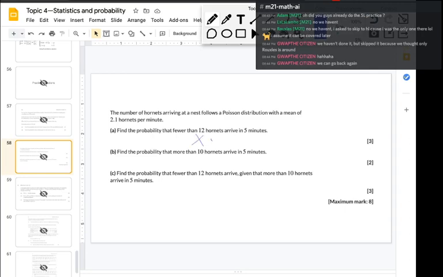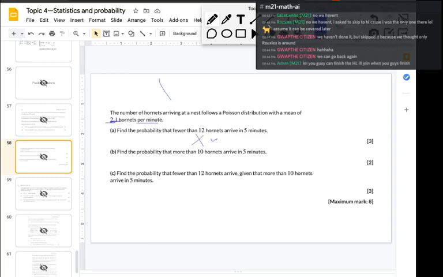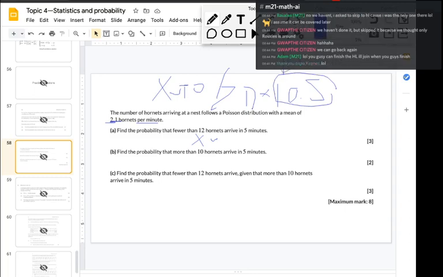Since this is per minute, this is going to be the number in the Poisson sign. 2.1, and then because this is 5 minutes, remember the multiplication way, you just multiply the 2.1 by 5, so that would be 10.5, and then 12, you input 11 in the GDC, because Poisson is discrete and they're asking for fewer than 12, so 12 is not included.